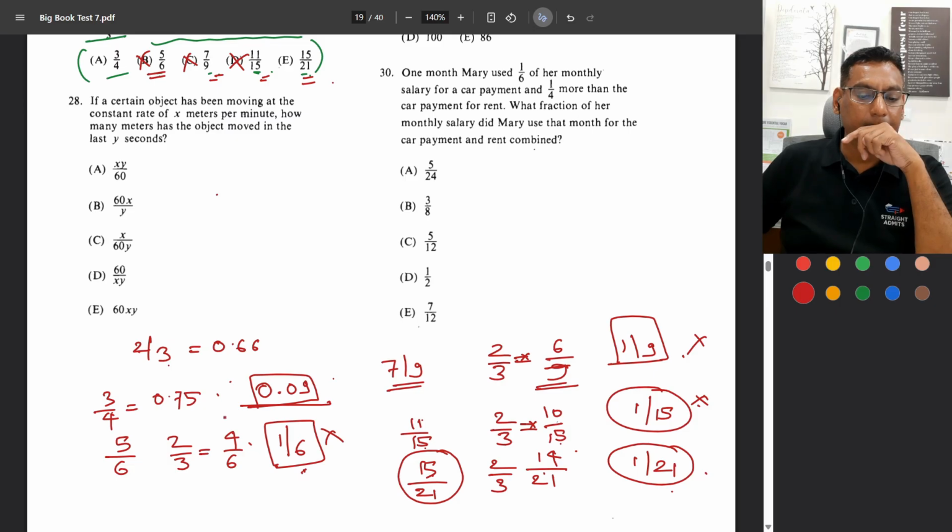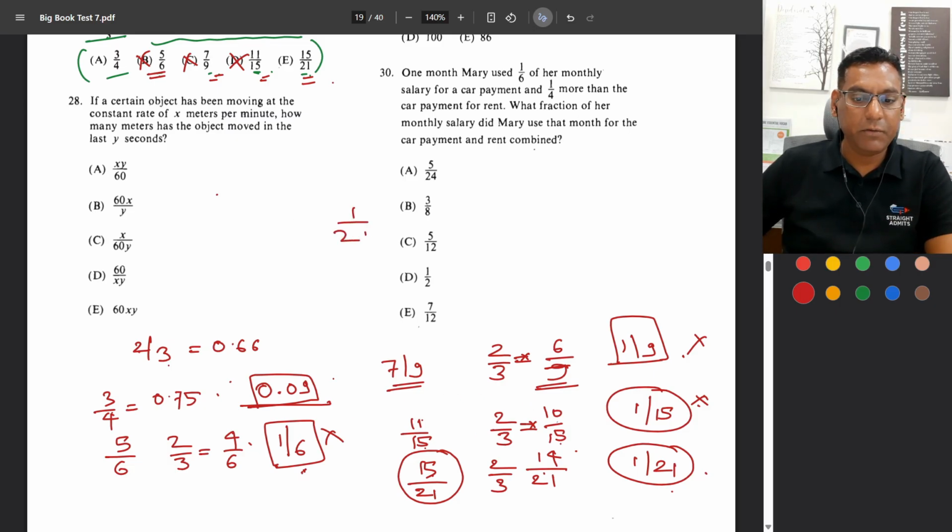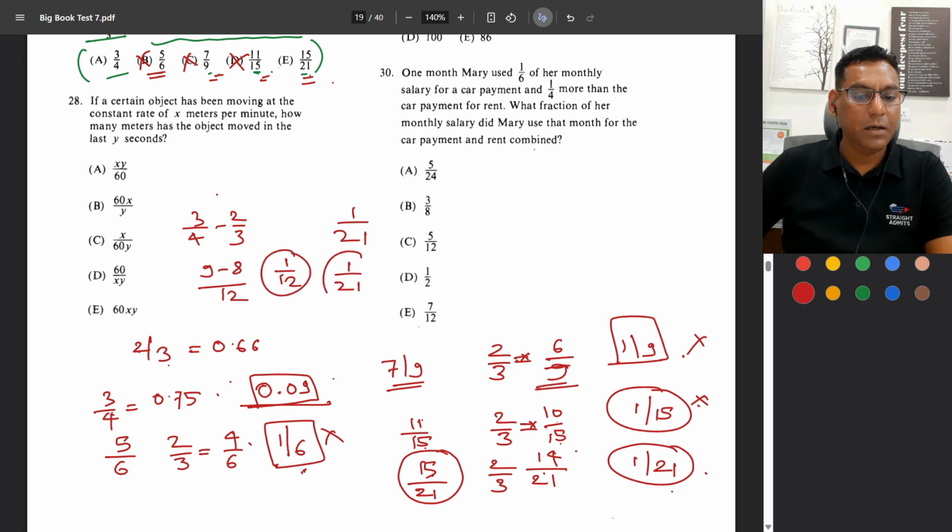Let's get everything in fractions only. Here the difference was 3 by 4 minus 2 by 3, which is 9 minus 8 over 12. Here also I could have done fractions. So this is 1 by 12 and this is 1 by 21. Again the winner is 1 by 21 only.